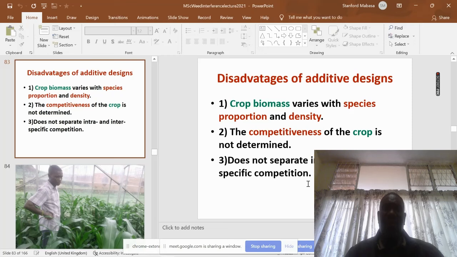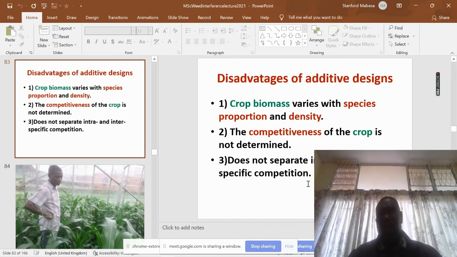The effect of the weeds themselves on the weeds may not be observed. The competitiveness of the crop is not determined. We may not know the competitiveness of the crop, but sometimes we can modify this experiment indirectly.